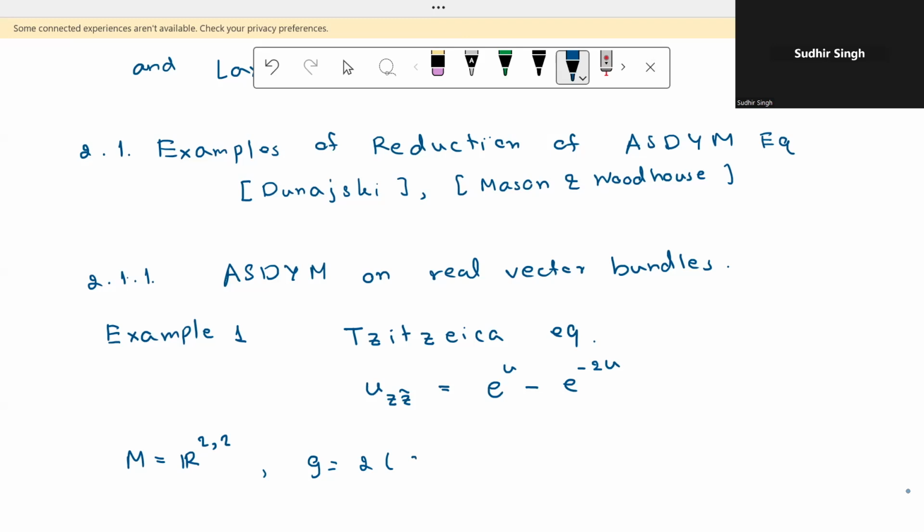But let me change it to, this is called double null coordinates. Then the metric is of this form. And the coordinates are real. Now, the orientation is determined by this volume form.